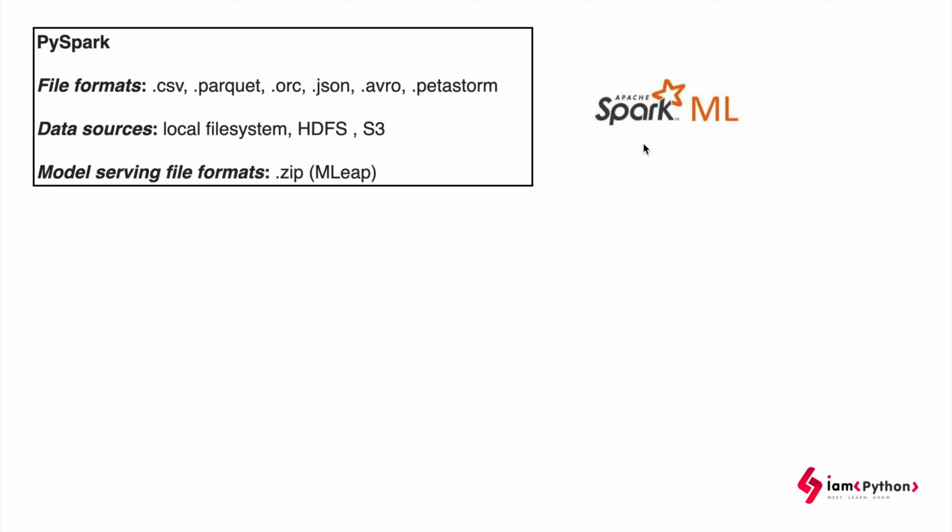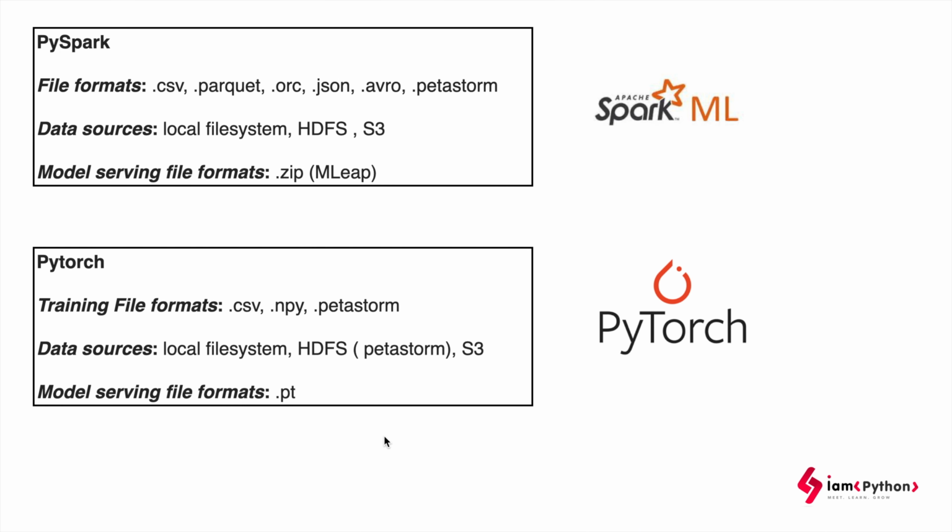Spark deals with big data, and the model serving file in MLlib is the .zip. Even when you use PyTorch, the training file formats are .csv and .npy. Petastorm data sources are again like log systems, and the model serving file format is the .pt. So when you use PyTorch it is the .pt, and when you use Spark ML there is a .zip.